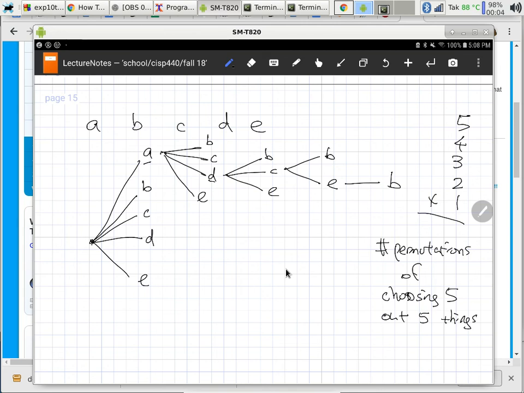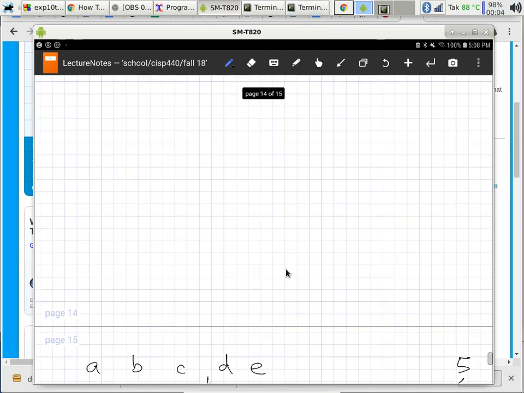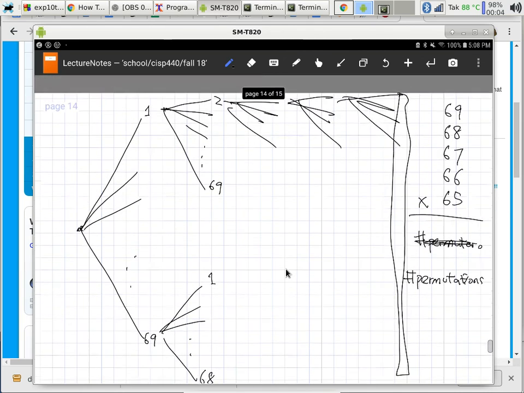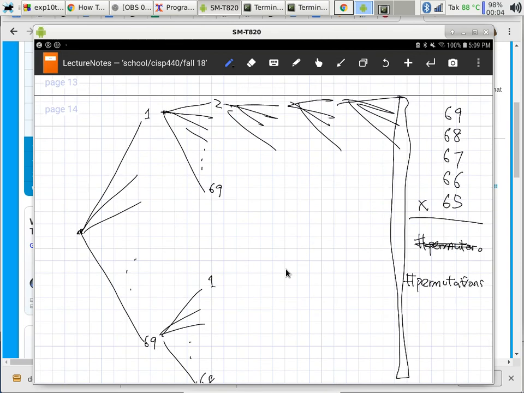Okay, so how does this connect with the previous thing? The previous thing, let me go back to the previous slide. The previous thing says we got this huge number, which is 69 times 68 times 67 times 66 times 65. That's the number of permutations of choosing what again?